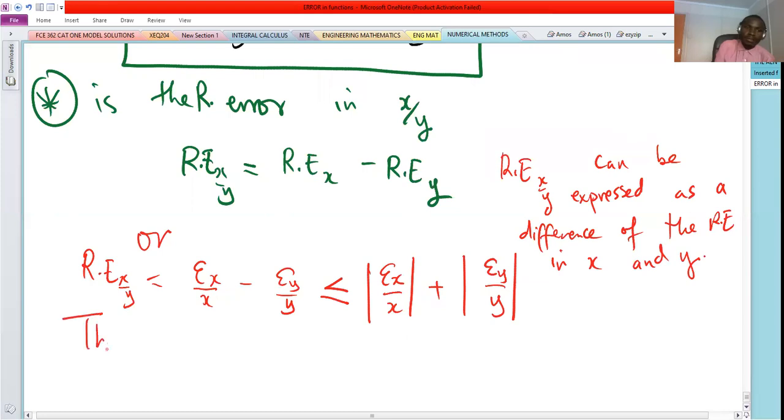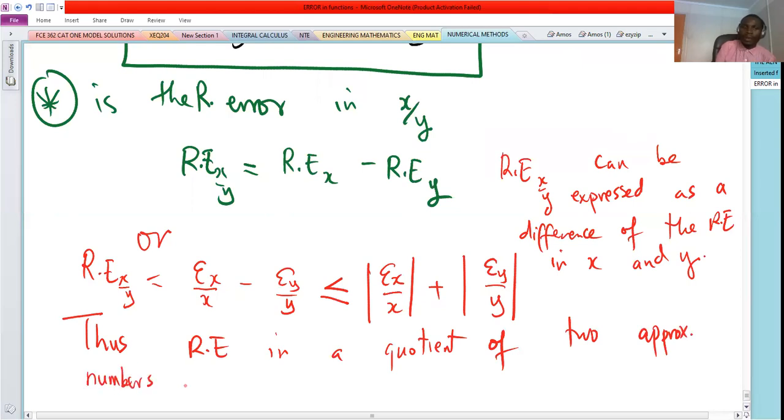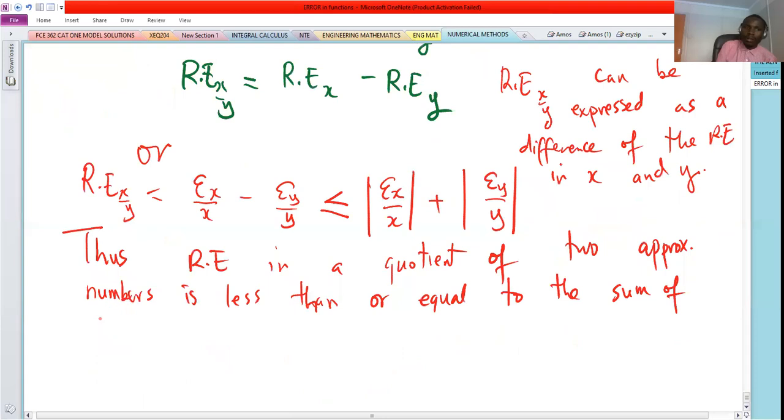So thus, relative error in a quotient of two approximate numbers is less than or equal to the sum of the relative errors of the numbers.